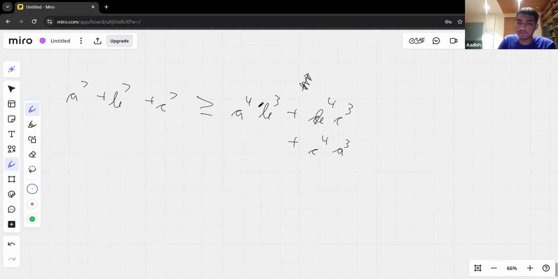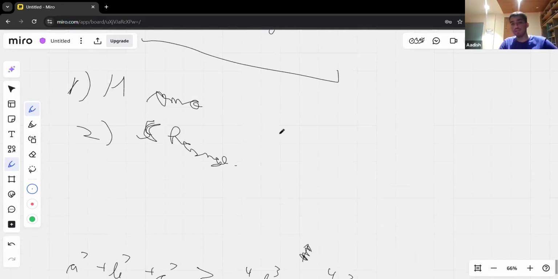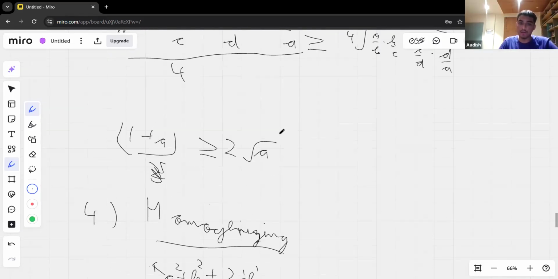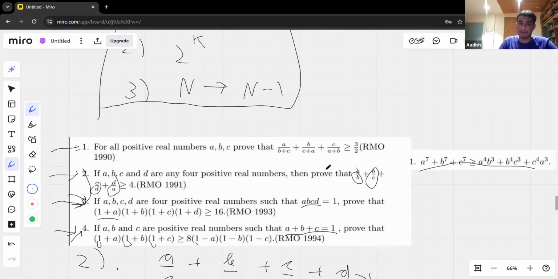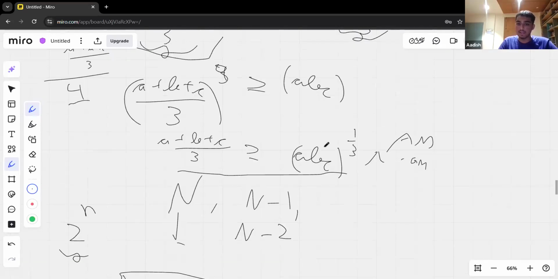The issue is that A and B here have different powers. This is A to the 4 B cube, B to the 4 C cube, C to the 4 A cube. That's weird, because usually when you use AM-GM, everything has the same power. If you use AM-GM on A, B, and C, then each will have a power of 1 by 3.